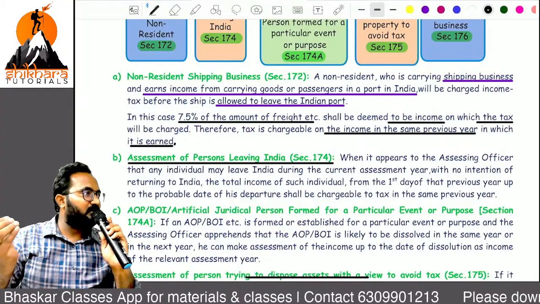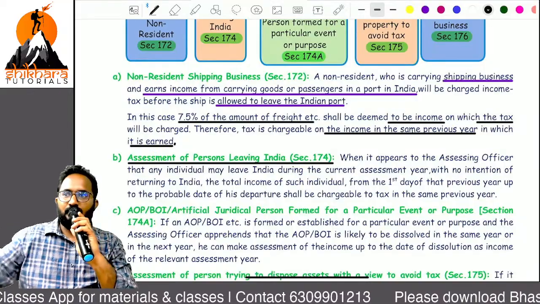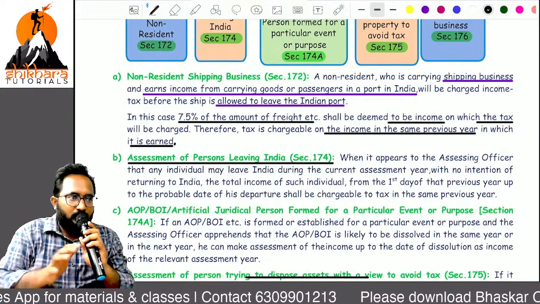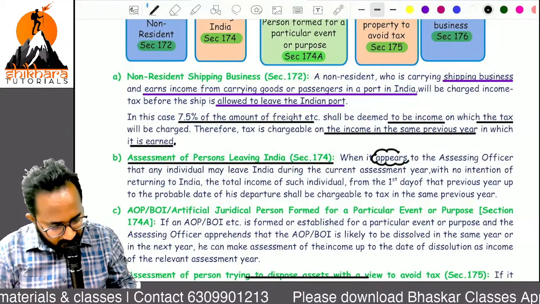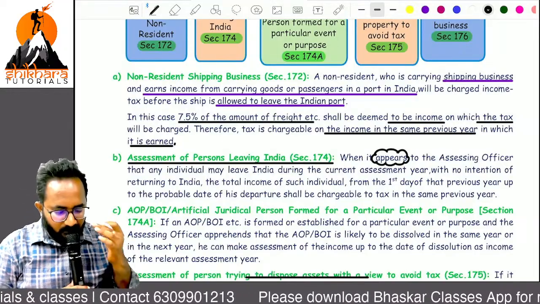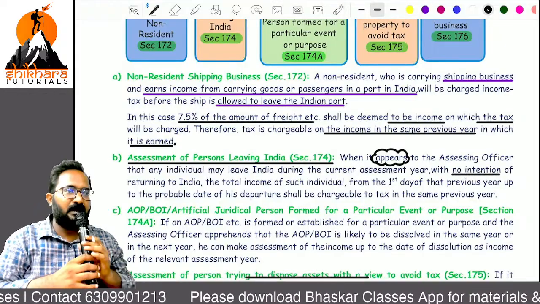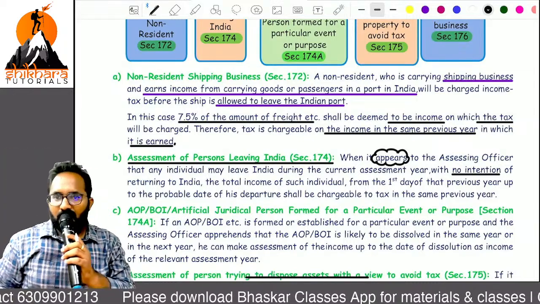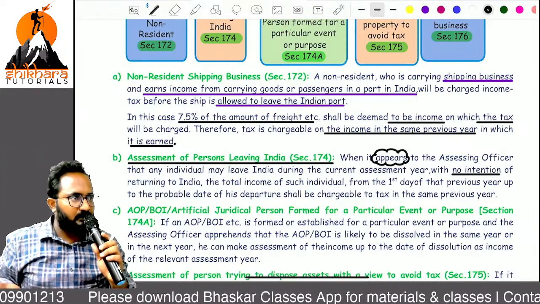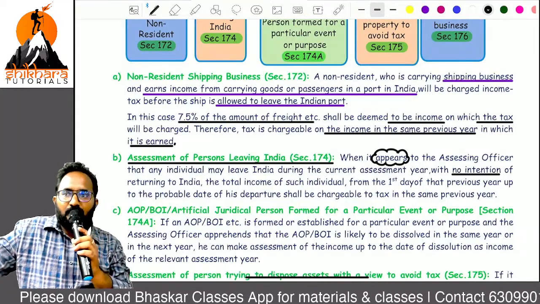If I go to a foreign country and after a few days come back to India, there is no problem. But here, when it appears to the assessing officer that an individual leaves India with no intention to return, what is the meaning? He is trying to avoid the tax. In the previous year he earned some incomes, and he has to pay the tax in the assessment year, but there is no intention to come back to India.